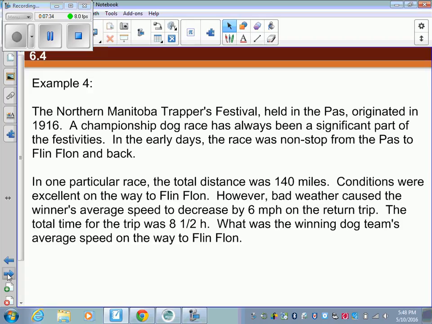So a couple of things to do here. My personal favorite strategy on these types of problems is to pretend that it's me going on a trip and use fake numbers that are easy to do in my head. So if I visualize myself going to Summerside, on the way to Summerside, weather was great.